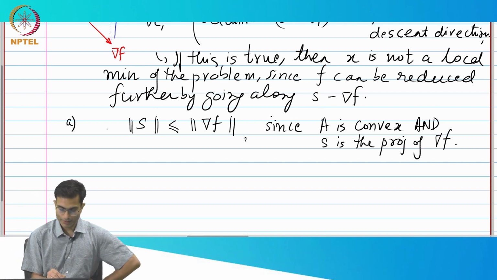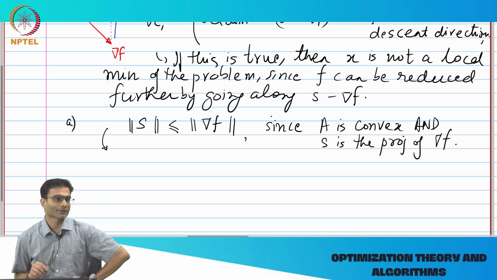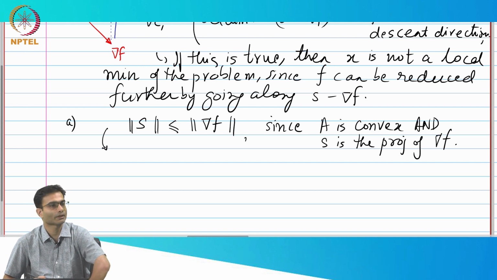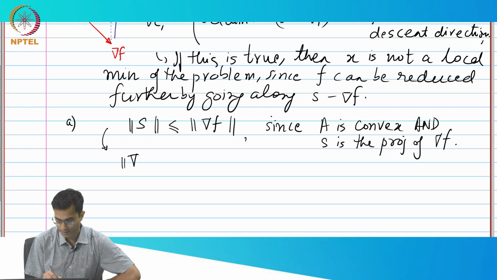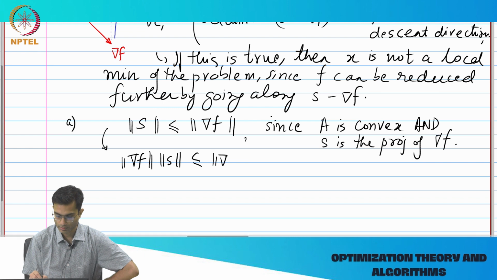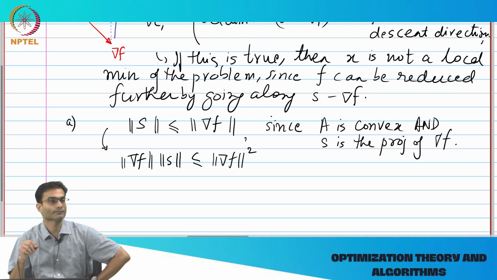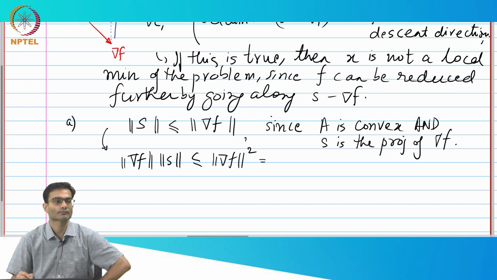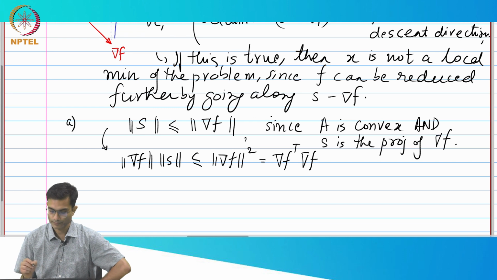So from here I can do a little bit of tricks. If I multiply norm grad f on both sides, it's a positive number, so the inequality will stay as it is. So I can also write this as norm grad f times norm S is less than or equal to norm grad f squared. Okay, grad f squared is also grad f transpose grad f.